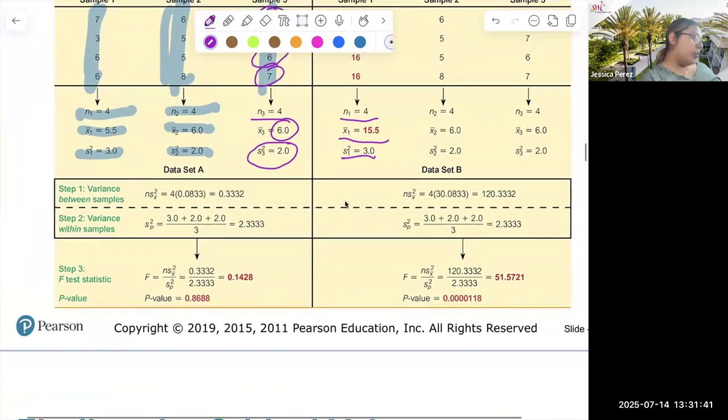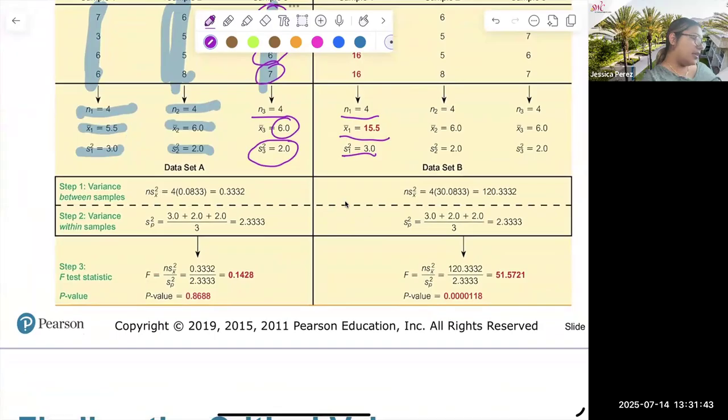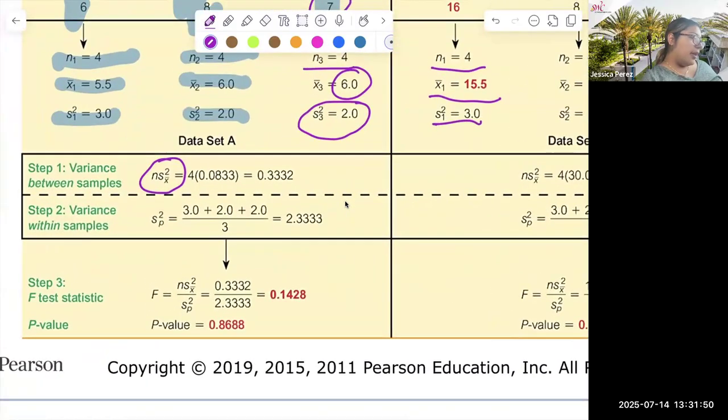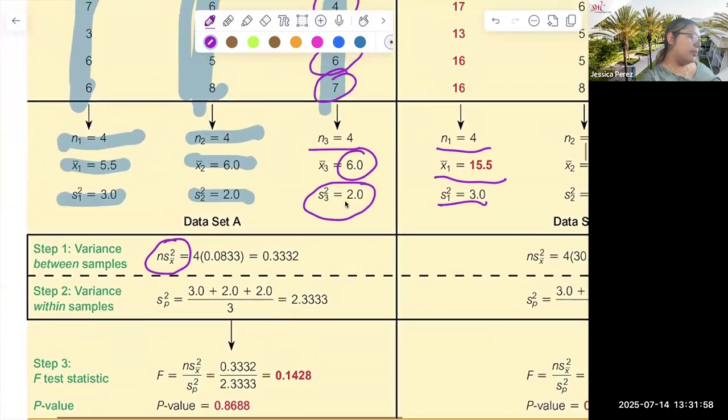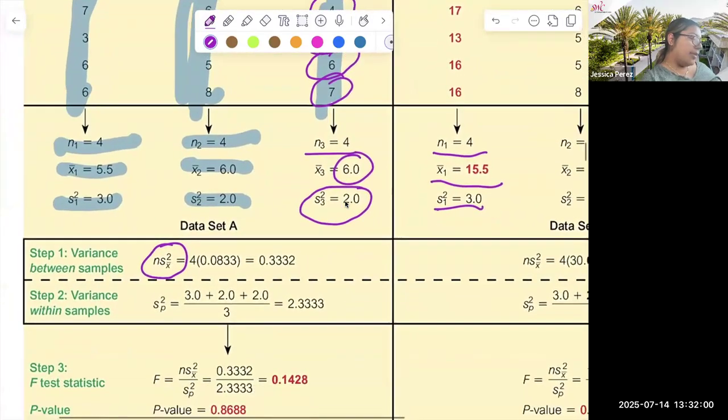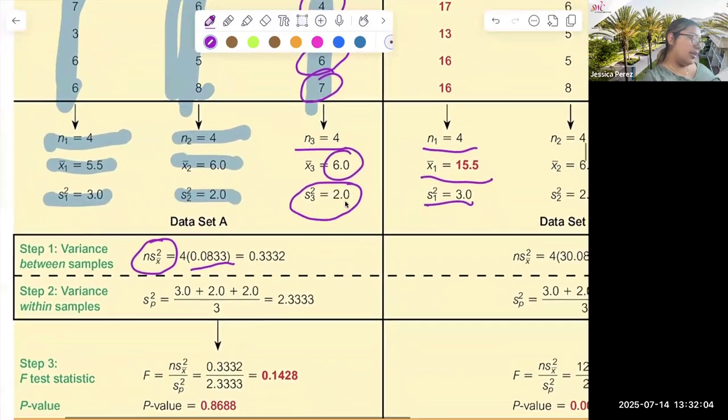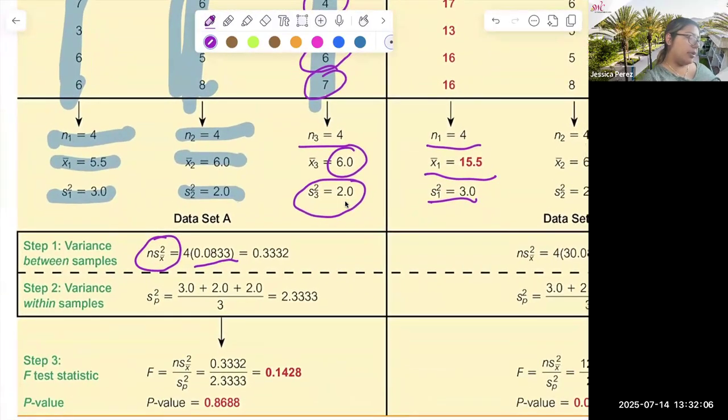If we look at step 1, the variances, we're going to use the formula of n times the sample standard deviation squared for all of the data. So we know n is 4. And then we look at all of the variances of all of the data, which results in 0.0833.